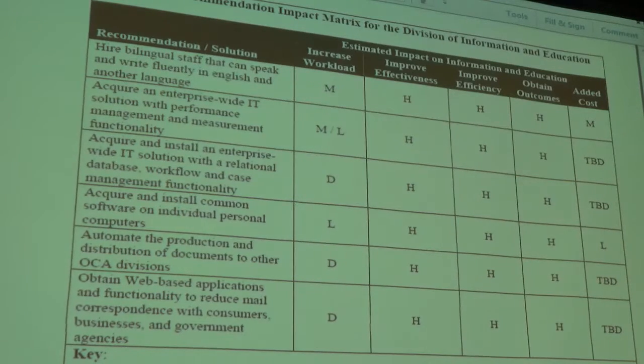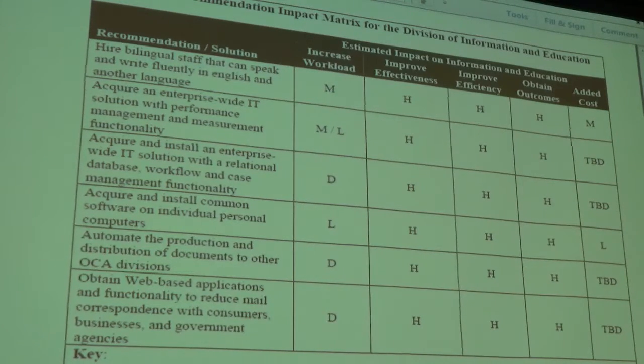And so one recommendation was to provide a bilingual staff person. In this case, because there was an increase in the Hispanic population, we recommended an individual who was fluent in English and in Spanish. That was to make the organization more effective and efficient in serving the Hispanic population.